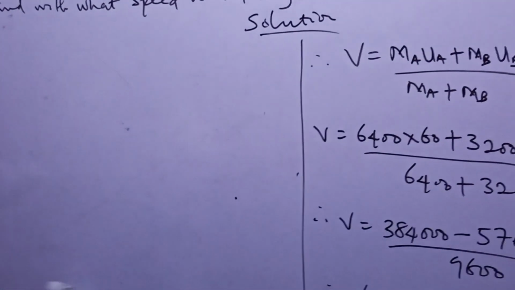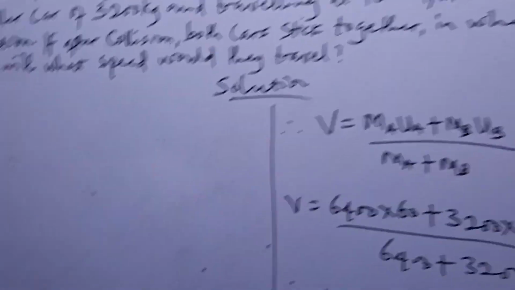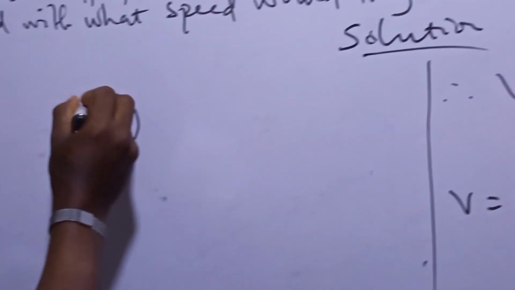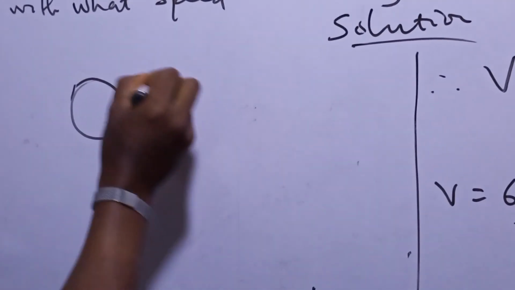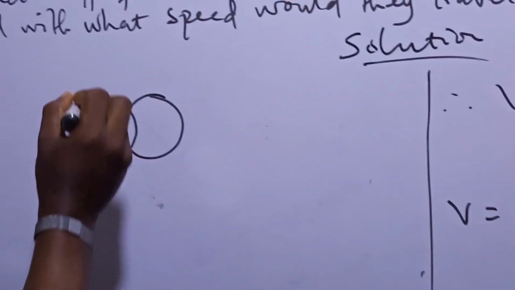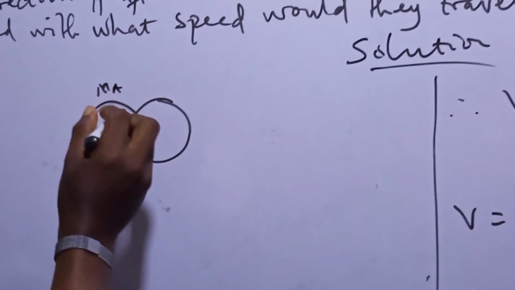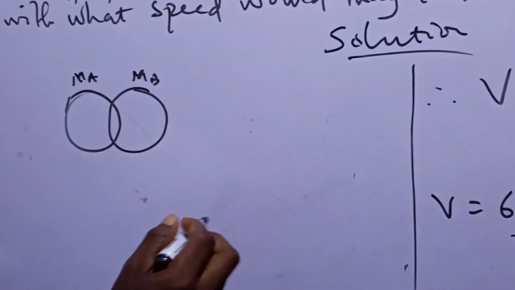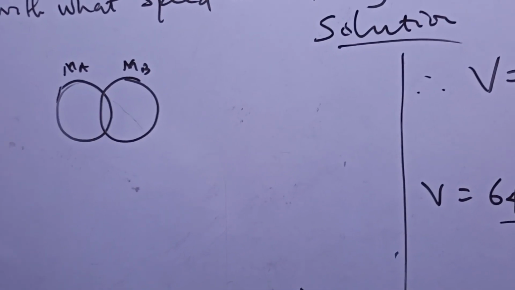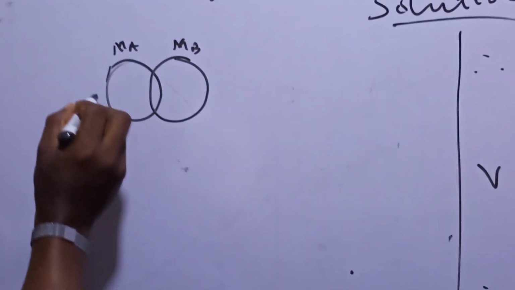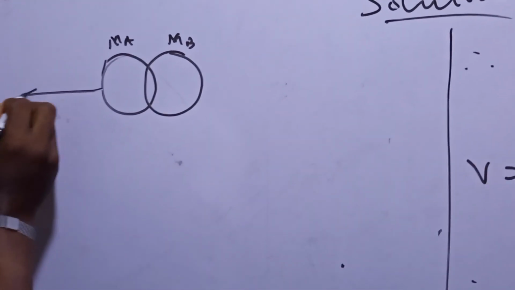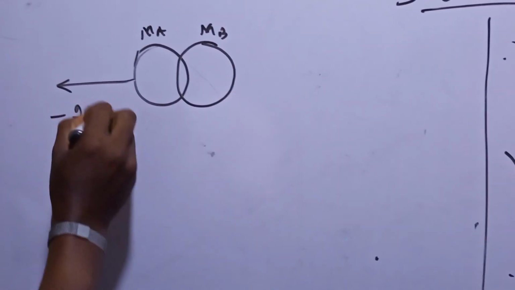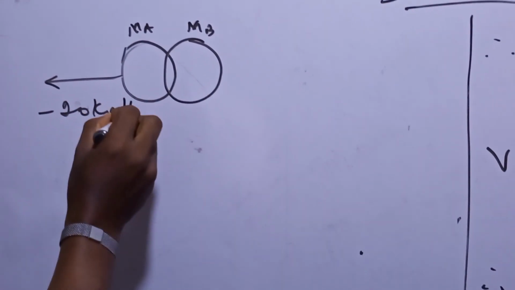Now, these are the cars as they stick together. This is mass of A and this is mass of B. Now the value of the velocity indicates that it will be minus 20 kilometers per hour.